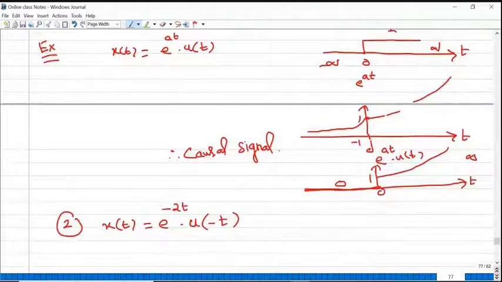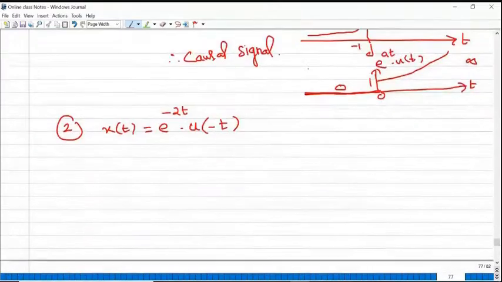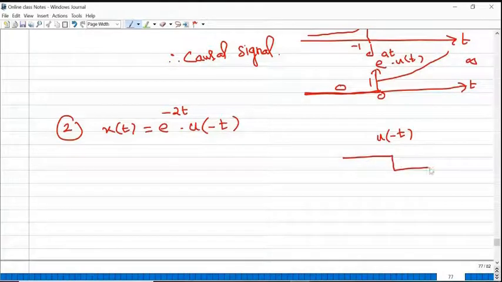What is u of minus t? Signal sketch for u of minus t. Time reversal of your u of t. From minus infinity to 0, magnitude 1, and 0 to infinity, magnitude 0.